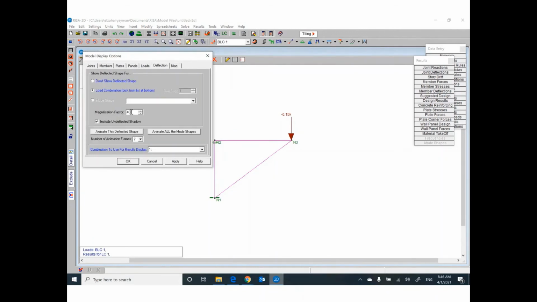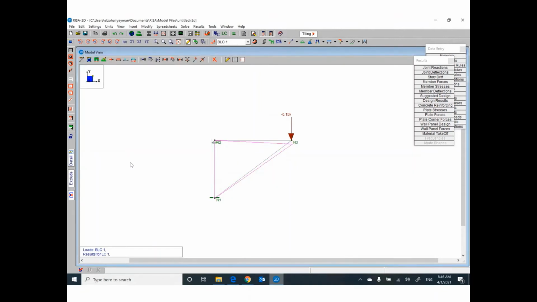So I will use a magnification factor: 4,000, 10,000, 20,000. Okay, 20,000 will be good. Looks like this is the deformed shape. Can you see? That makes sense to me because this load will push this point down.